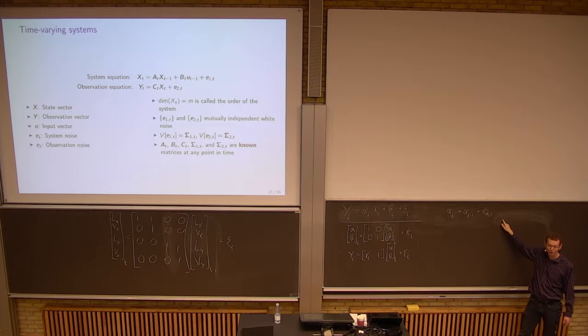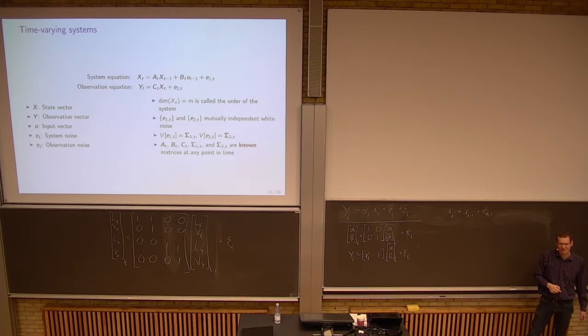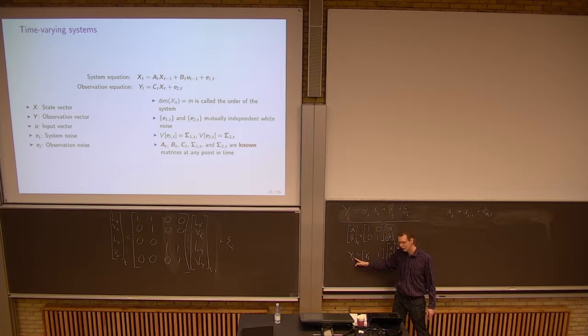You've seen that before. The only difference to what we've seen before is this. It's a random walk process. So what we say is that we allow the parameters to perform a random walk, and then by observing how they relate to the observed output, then we'll estimate these parameters.